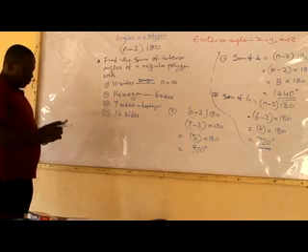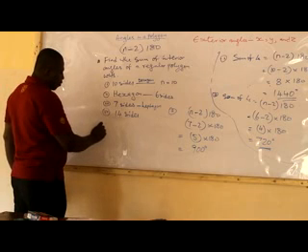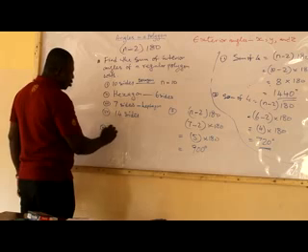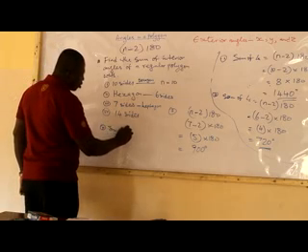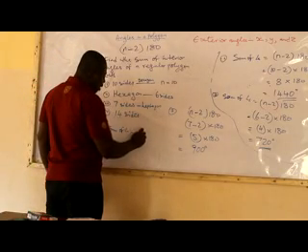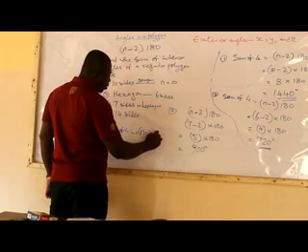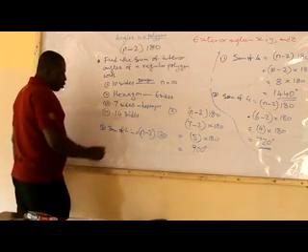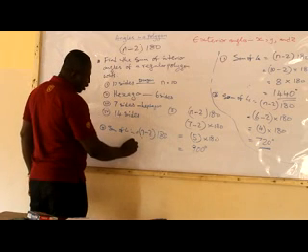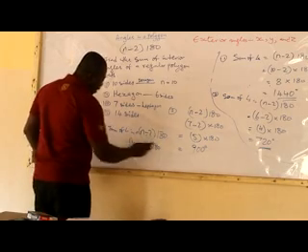The last one, but not the least, question number 4: to find the sum of angles in a polygon of 14 sides, it is n minus 2 as usual, times 180. When we substitute, n is equal to 14. So we have 14 minus 2 multiplied by 180.